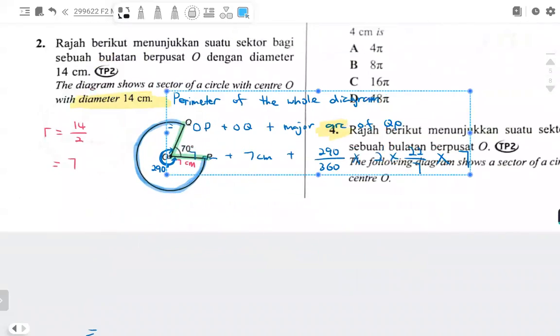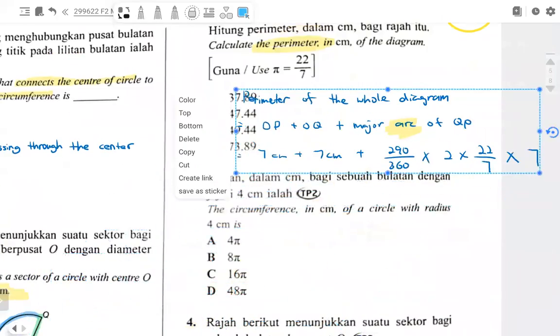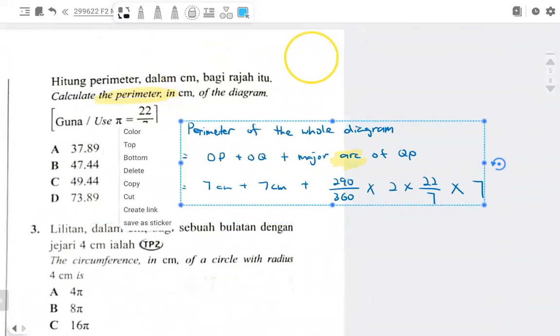Okay, let me just bring up here. So what's your answer? A, B, C, or D?